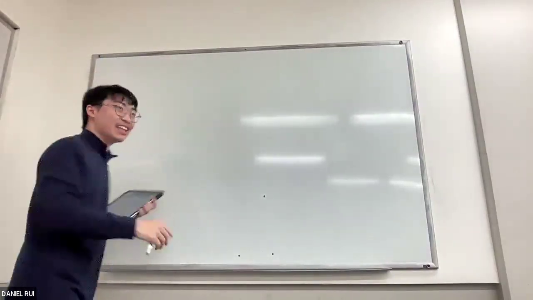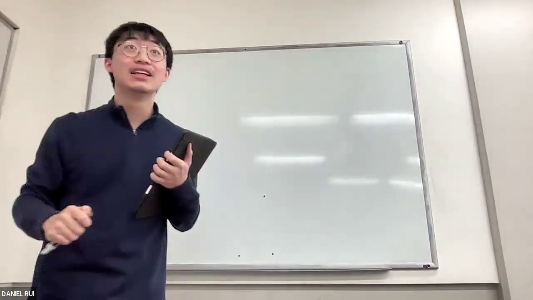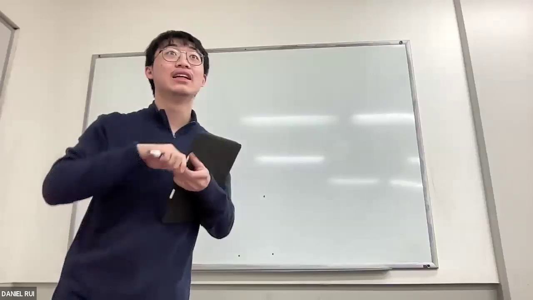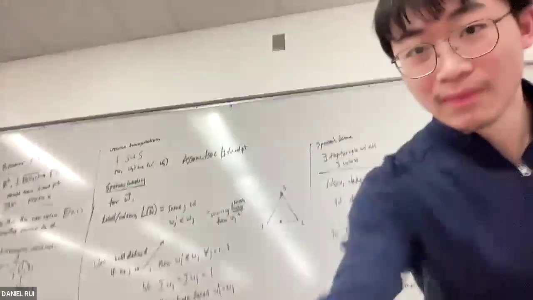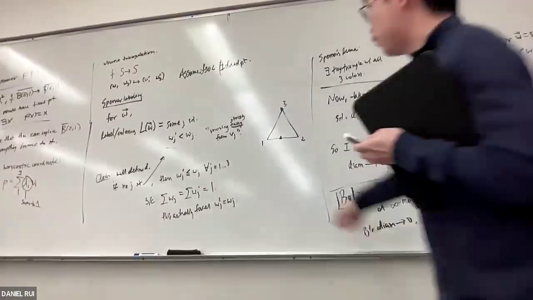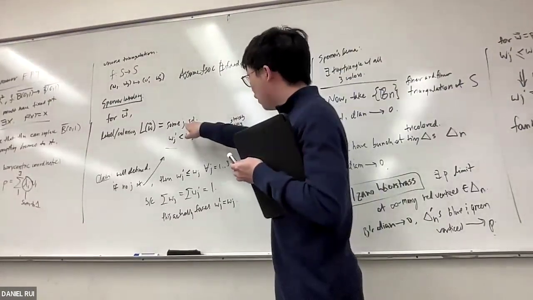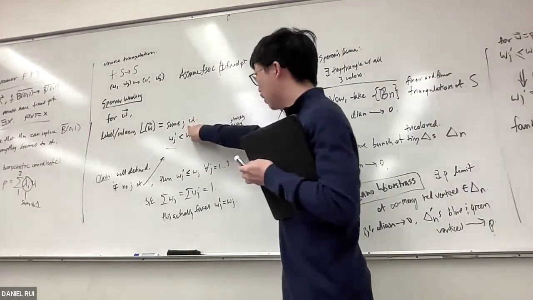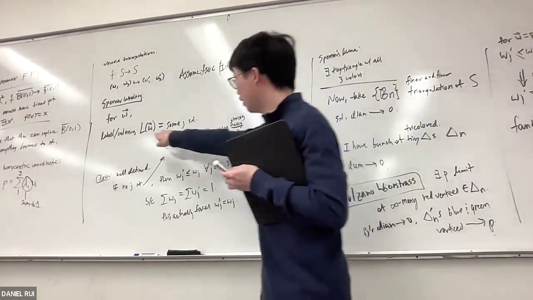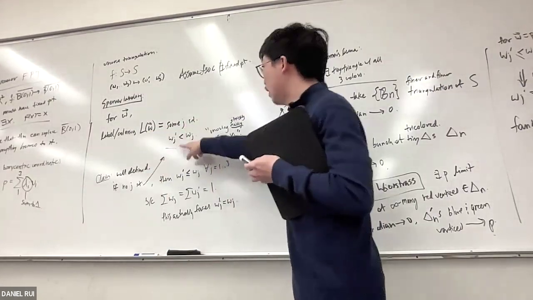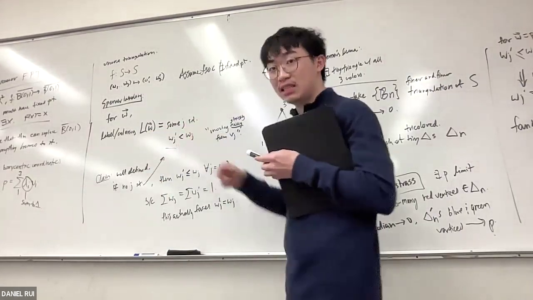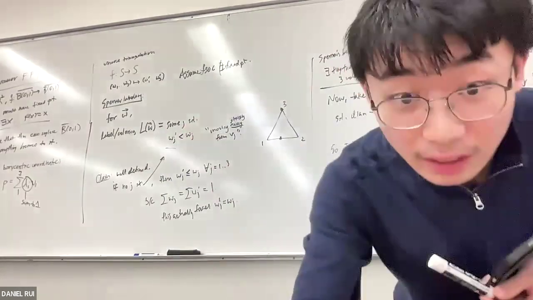There's one question in chat. Someone wants you to revisit the construction of L of W. L of W is defined to be the color J. So I'm going to color the point W the color J if Wj prime is strictly less than Wj.